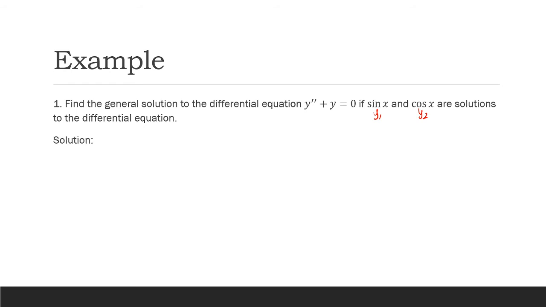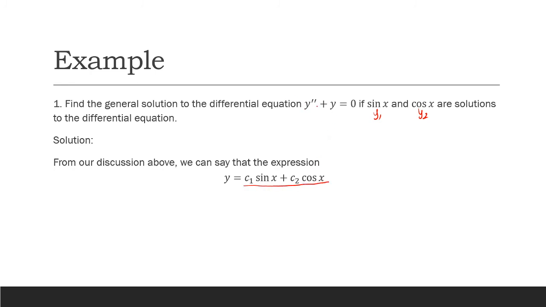Substitute natin siya. So, we will have y is equal to c sub 1 sine x plus c sub 2 cosine x. Based from our proof earlier, itong equation na to, class, is a solution to this equation. So, therefore, kung ganun yung case, that is our general solution na. Yun na yun. Diba? Sobrang dali lang.